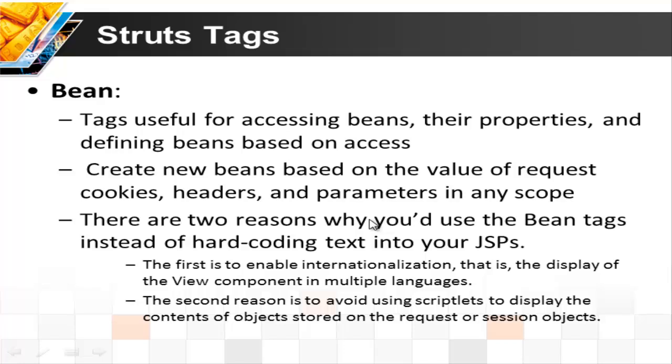The two reasons why we have to use the bean: one is for internationalization. If you want your pages to be shown in different languages in different countries, then you have to get the static text from the resource bundle. You are already familiar with this resource bundle from at least Android.